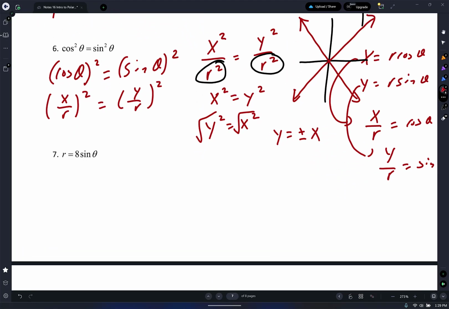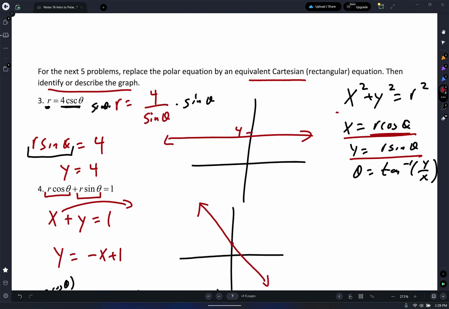R equals 8 sine theta. So times r because I don't have an r sine theta to replace with a y. So when we do that, you're going to have now r squared equals 8r sine theta. Remember that r squared is this guy.